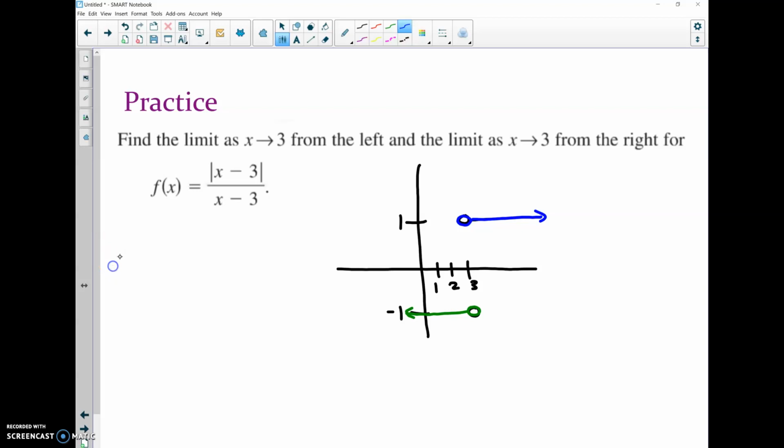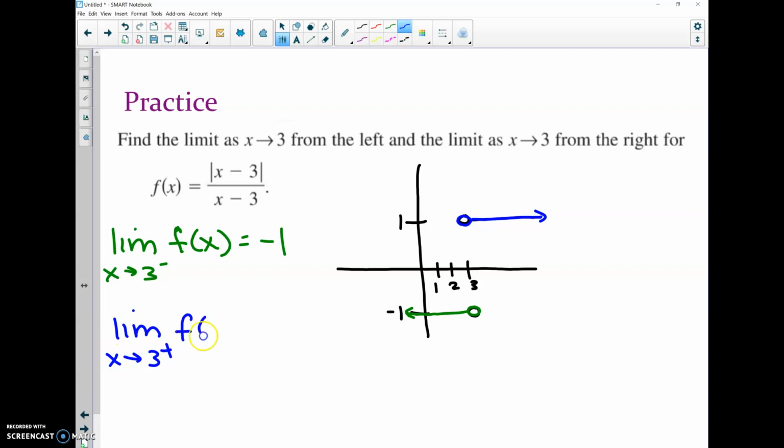So our limit as x approaches 3 from the left, so that minus sign, of f of x, just for the sake of time, that would be my green section of my graph here. That y value is -1. The limit as x approaches 3 from the right of our function is +1, right here, the y value.